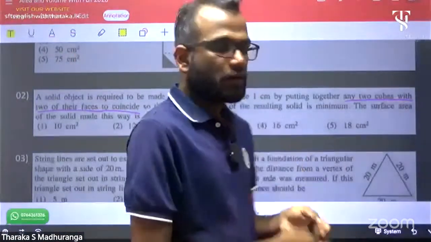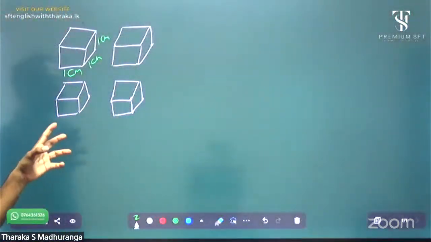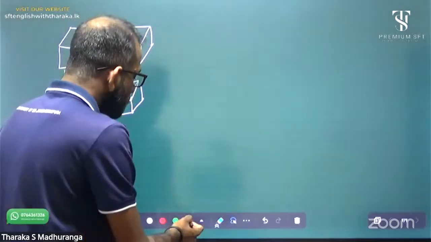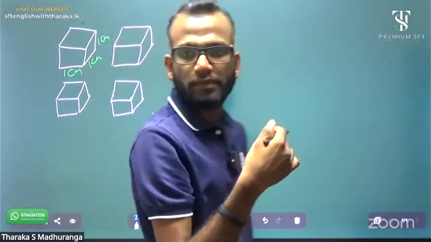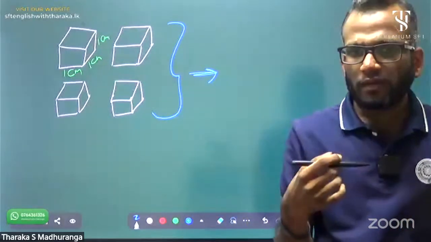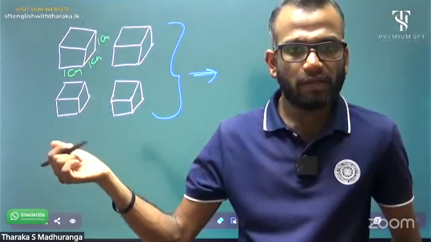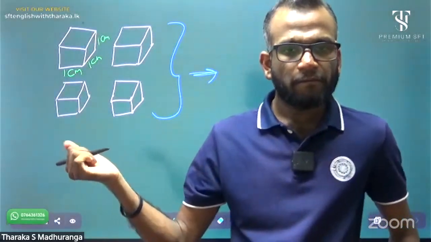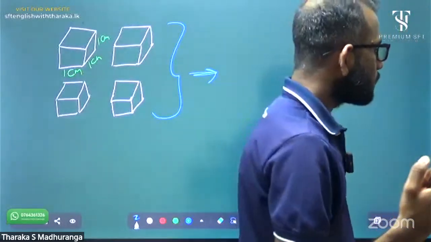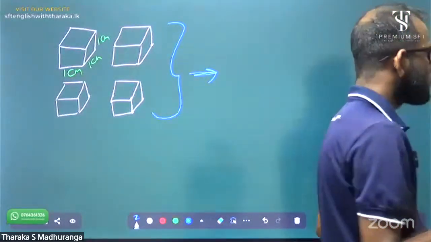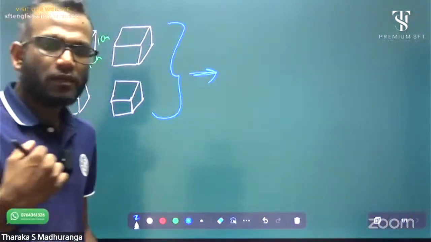Okay. How to calculate? First of all, you have to find what the resulting object shape is. Making a shape. What is the resulting object shape? It's a cube. 4 cubes.